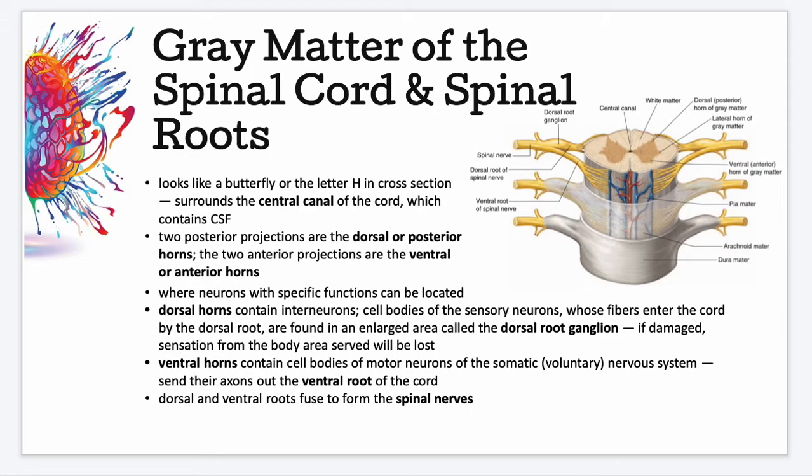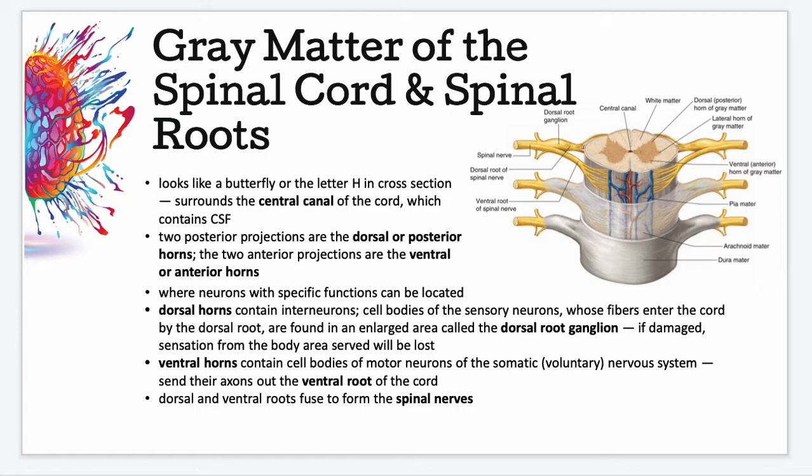Your gray matter of the spinal cord and spinal roots looks like a butterfly or the letter H in cross-section. They surround the central canal of the cord, which contains CSF. They have two posterior projections, your dorsal or posterior horns, and two anterior projections, your ventral or anterior horns.